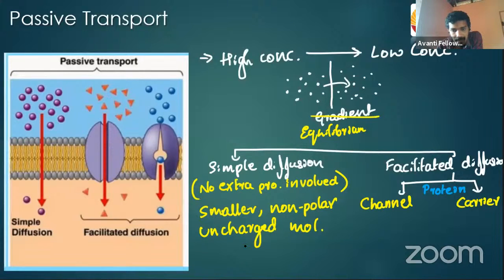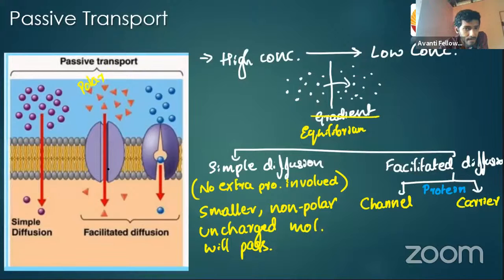There are other molecules, but they can't show this kind of diffusion. Probably this is a polar molecule; consider it a water molecule. Then how will it pass? It has a protein. The first protein is a channel protein.